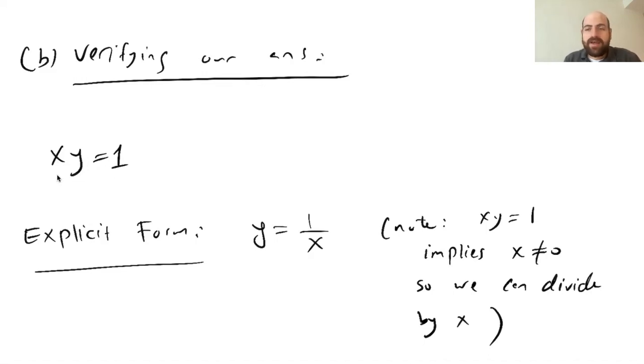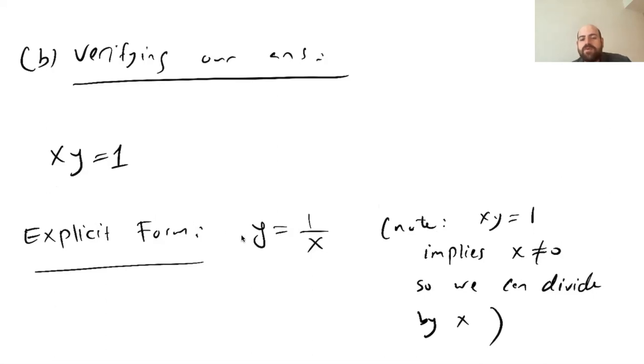So there is no y value corresponding to x equals 0. So that means I can be sure that x is not 0. In other words, this equality implies that x is not 0, because if x times y is something non-zero, that means both x and y must be non-zero. Here, I just want to use the fact that x is non-zero because I want to divide by x. So I use the fact that x is non-zero, then divide by x.